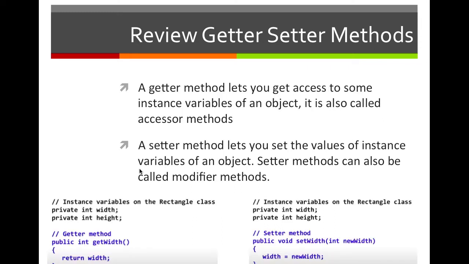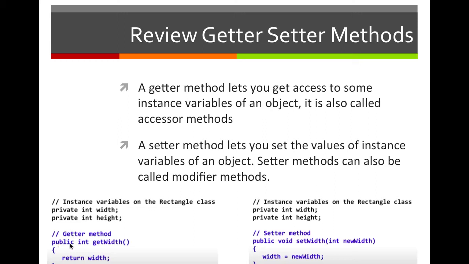A getter method lets you get access to some instance variable of an object. It is also called an accessor method. So if you want to access some information from our class, we should use getter methods. You can see on the left side we have a getter method.